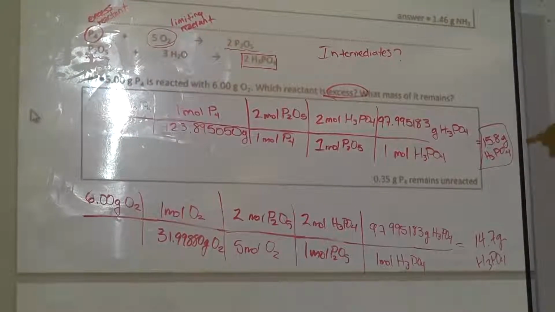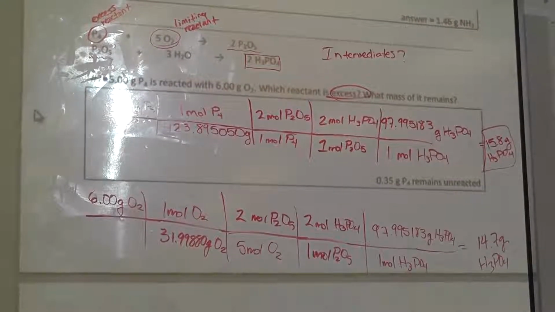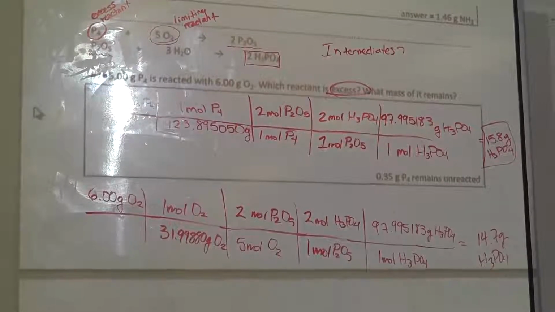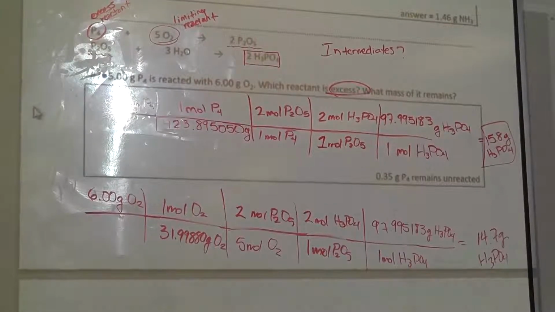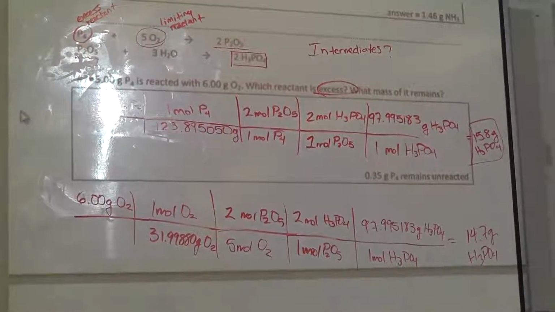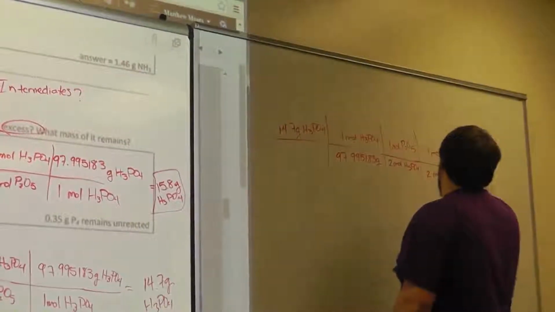Now that takes you from that bottom equation back up to your top equation here. So now you want the coefficient up there for your P2O5, which is 2. And then because we wanted to end now at how much P4 is remaining, we want to stop at the P4. So it'd be 1 mole of your P4.